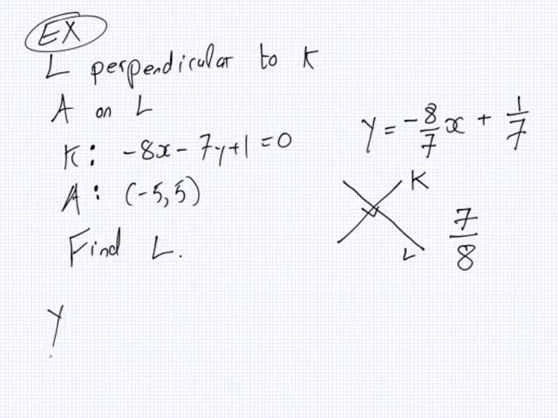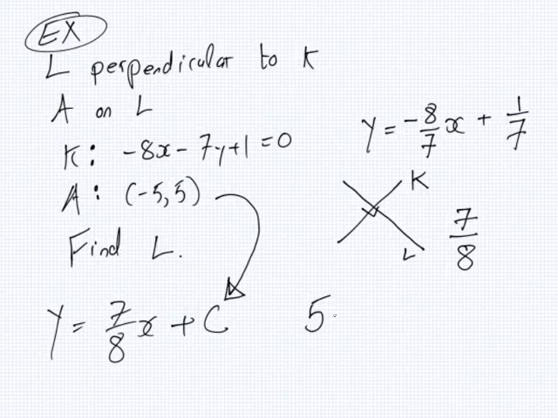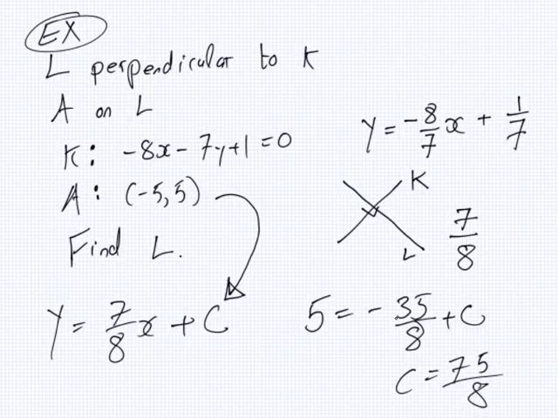So we have y equals 7 over 8x plus c, and again, no surprise, we can find the c by using our point. So we have 5 equals minus 35 over 8 plus c, so what's it, 75 over 8 for c? So c is 75 over 8.